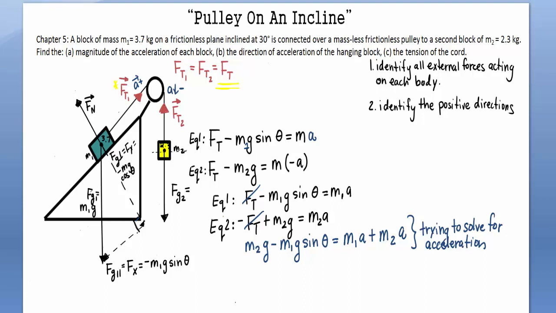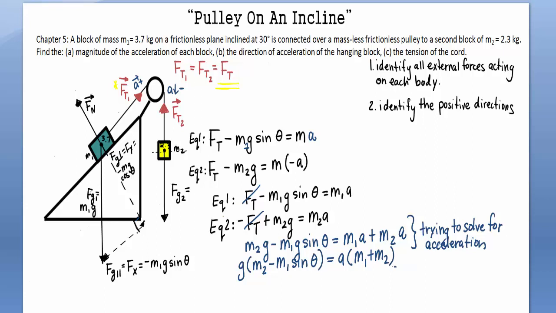Now, I have a G in both of these terms, and I have an A in both of those terms. So let me factor out a G and have G times (M2 minus M1) sine theta equals, let me factor out an A on this side, A times (M1 plus M2).